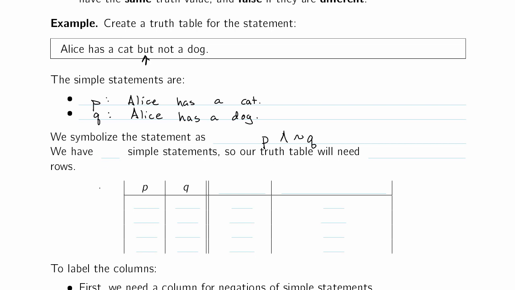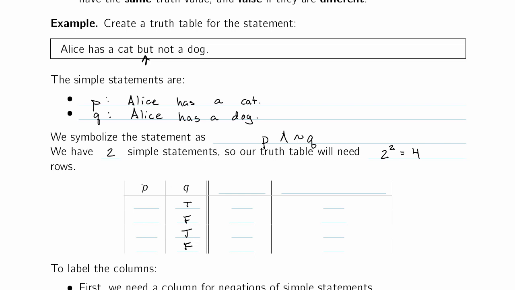Okay, now we're going to make a truth table. We have two simple statements, so we'll need 2 to the second power equals 4 rows. Remember, every time we add a simple statement, the number of rows we need doubles. Why is that? Well, our rightmost simple statement here, that's going to just alternate true, false, true, false.